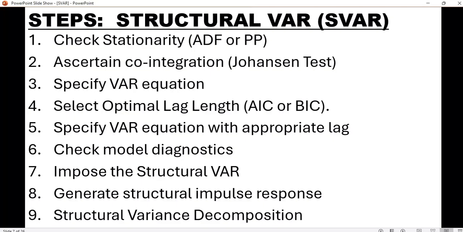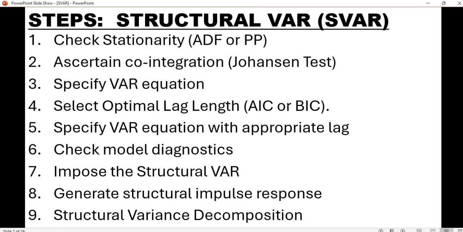The third is to specify the VAR equation. The fourth is to select the optimal lag length. The fifth is to specify the VAR equation with the appropriate lag. The sixth is to check model diagnostics. The seventh is to impose the structural VAR. The eighth step is to generate structural impulse responses. And the ninth step is to undertake the structural variance decomposition.